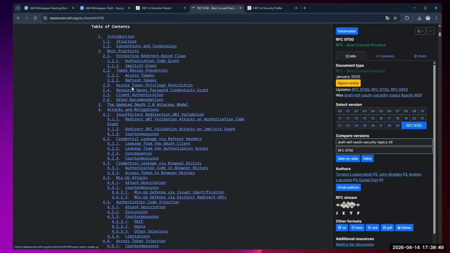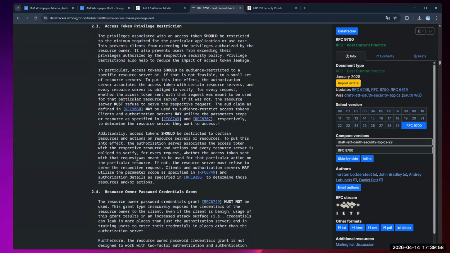Yeah. So we start with best practices, access token, privilege distribution.